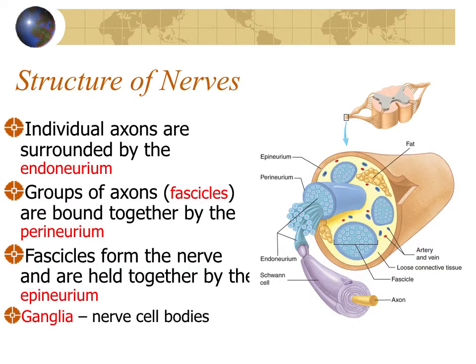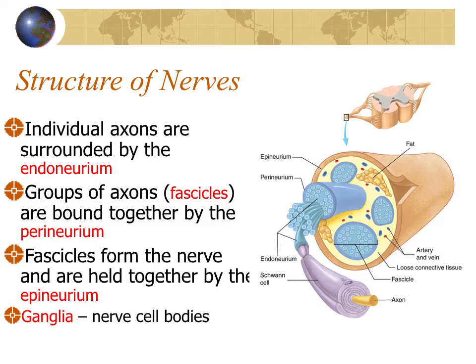Nerves themselves really contain the axons and dendrites of nerve cells and not the cell bodies. And these individual axons or dendrites are surrounded by a small layer of connective tissue called the endoneurium. Groups of these are bundled together in fascicles, also surrounded by connective tissue.